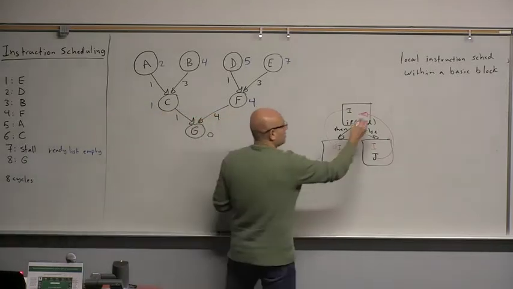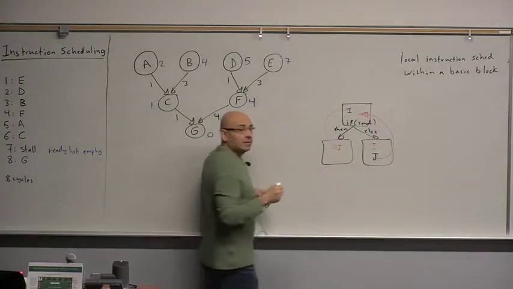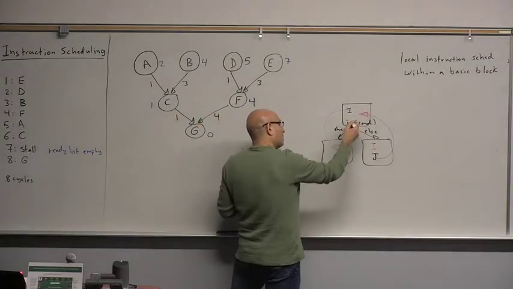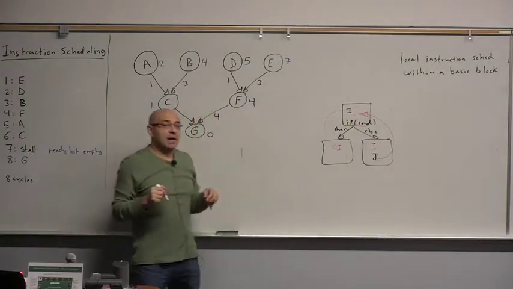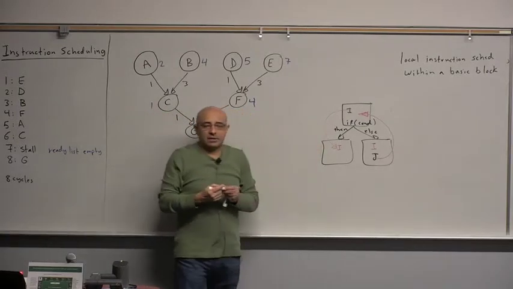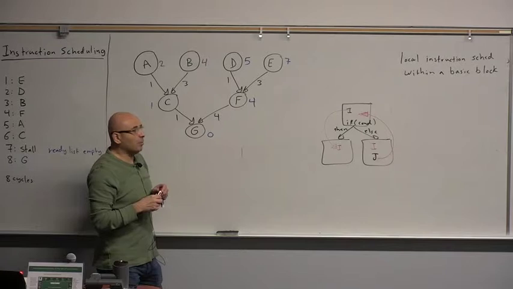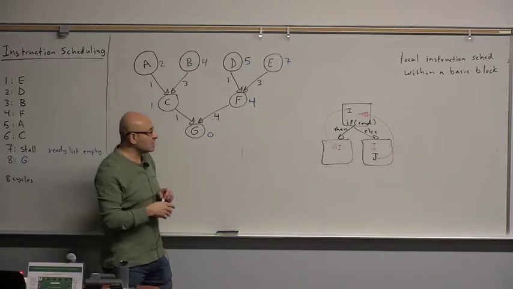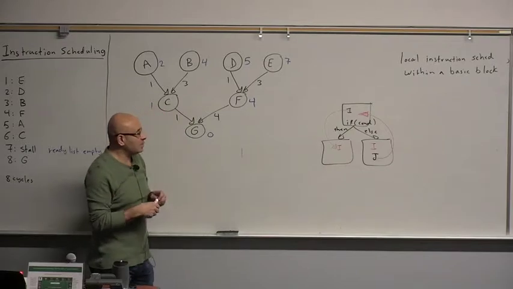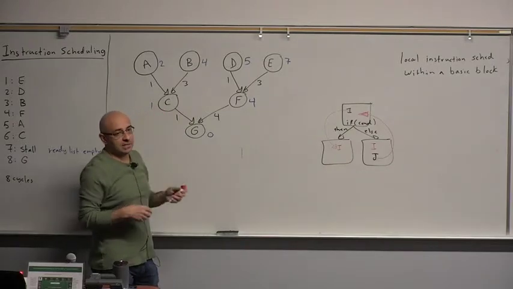And this may not be legal unless J is going to be harmless for this path. So we're not here trying to understand or describe an algorithm for global instruction scheduling, but I'm just trying to point out some of the complexities that arise when we do global instruction scheduling.